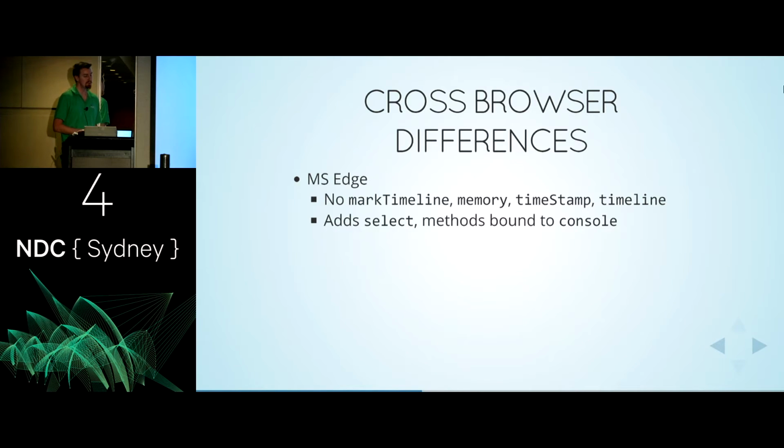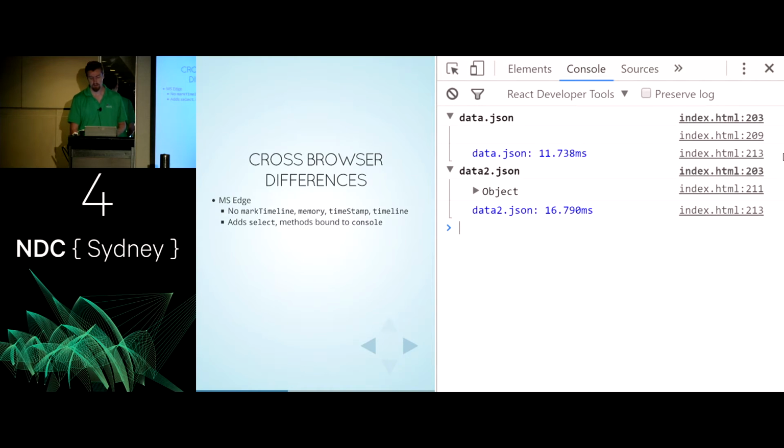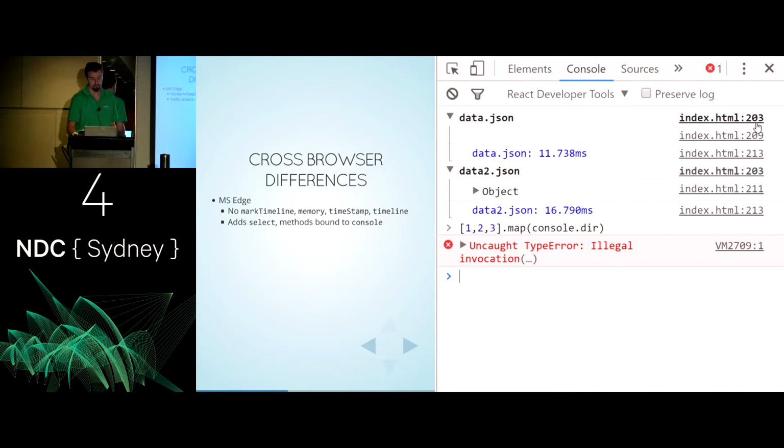Also, interestingly enough, all the methods of console in Edge are bound to the console instance. And what I mean by that is, let's say I open up the DevTools here in Chrome. So I had an array of data, and I want to log each of those out individually, or maybe more accurately, I want to just dump each individual item within that.